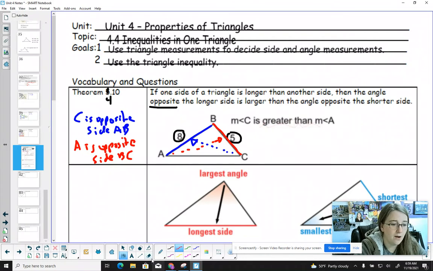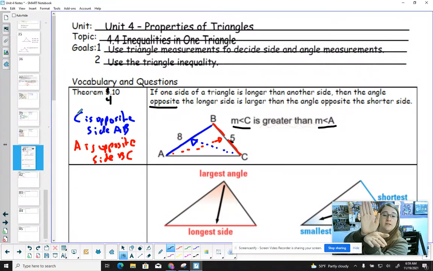So because of how big these sides are, now this doesn't actually tell me the measure of the angle, but what it does tell me is which angle is bigger and which angle is smaller. So because AB is bigger than BC, what that guarantees is that C is going to end up being bigger than A. C is the one that opens up to the bigger side, and you can kind of see if you watch my fingertips here, as the angle gets bigger, my fingertips get farther apart, right?